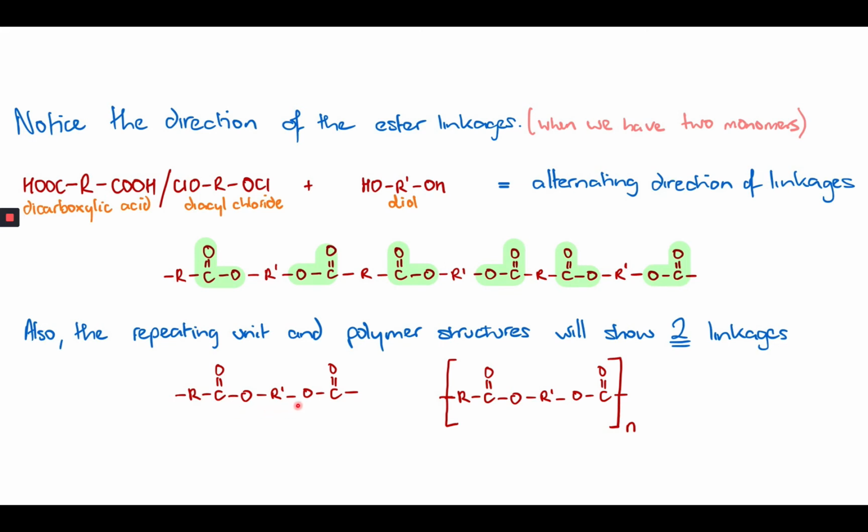So this would be one of our monomers, not very well circled there, and then the other monomer would be this plus the other carbonyl. I'm not sure that was very well explained, but just bear it in mind. If you're seeing alternating linkages, you definitely have two monomers, and definitely think about that when you're either working backwards from your repeating unit or polymer structure, or working forwards from your two monomers.